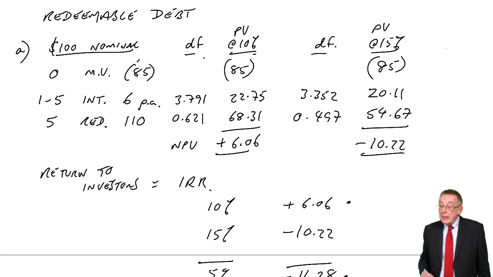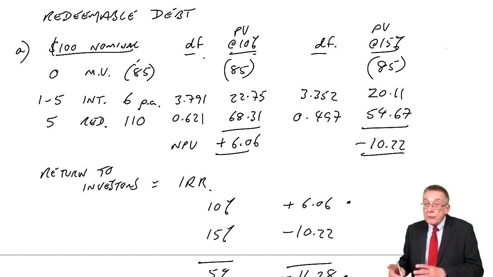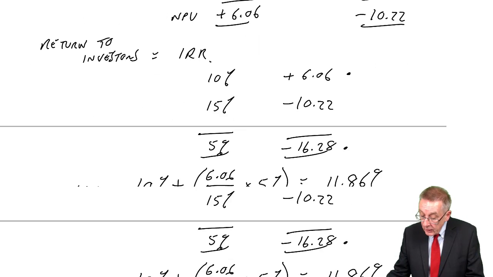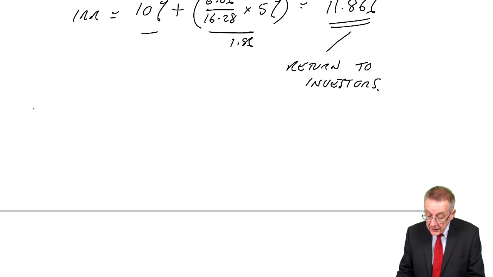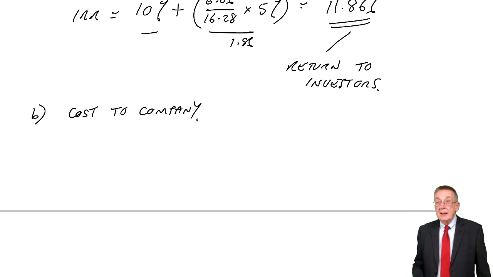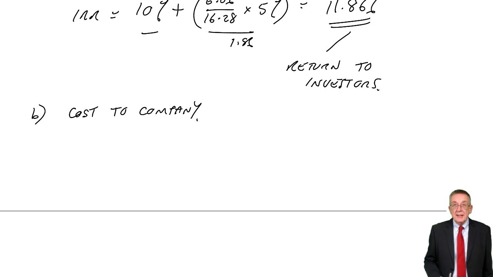However, it's rare that you're asked for that. More commonly, we want to know the cost to the company. And I'm afraid, I'll explain why after, we can't go straight from one to the other.